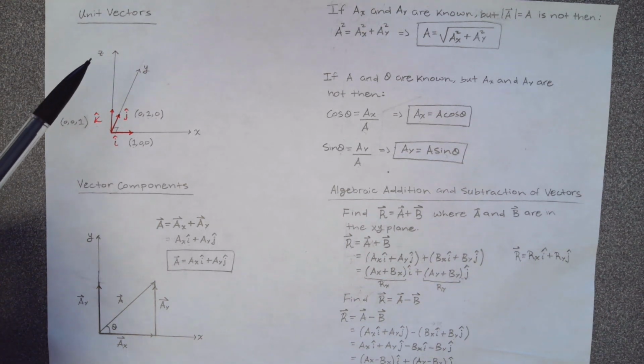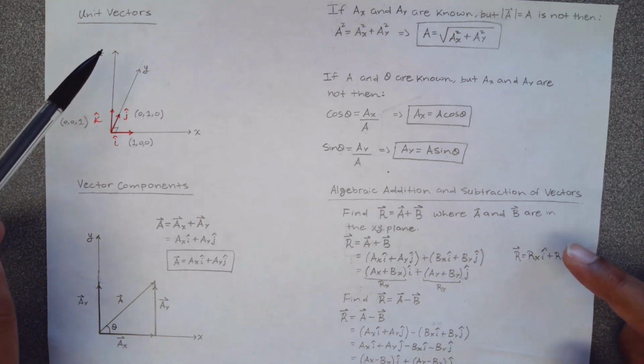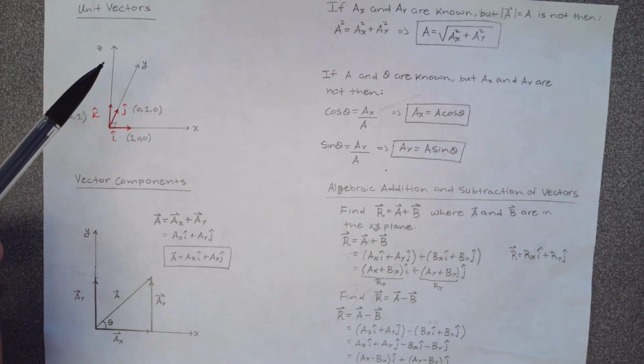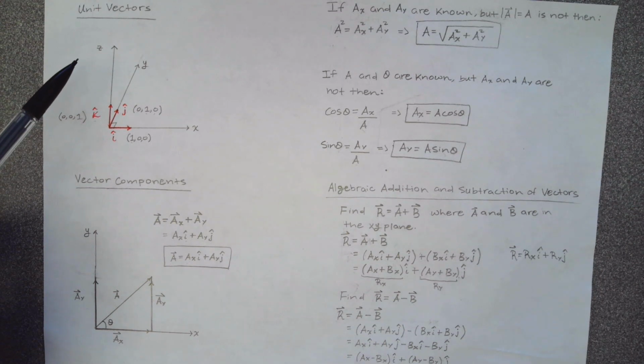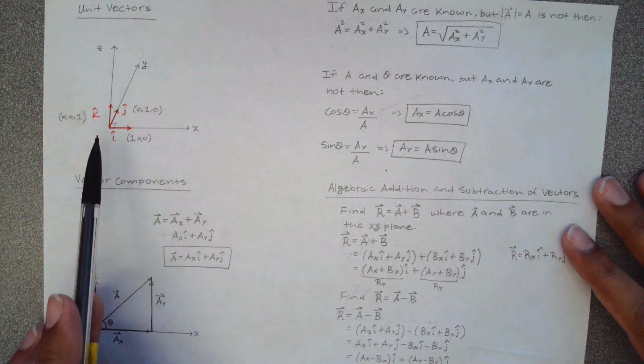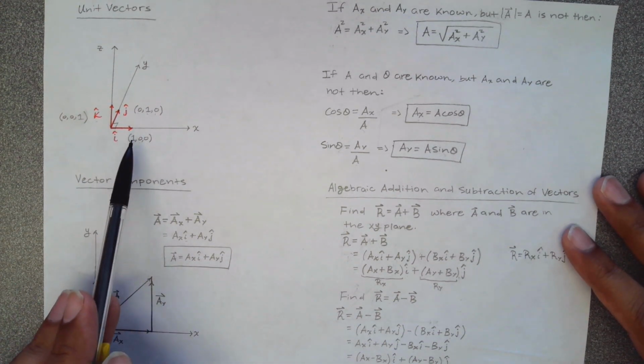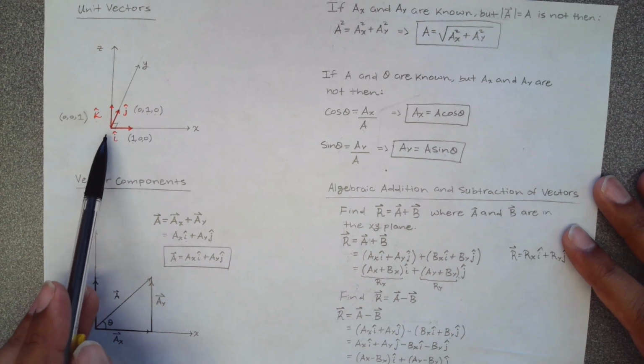A unit vector is a vector that just has a magnitude of 1, and it just tells you the direction along the x, y, or z axis. For example, with the x-axis, we associate a unit vector i hat.